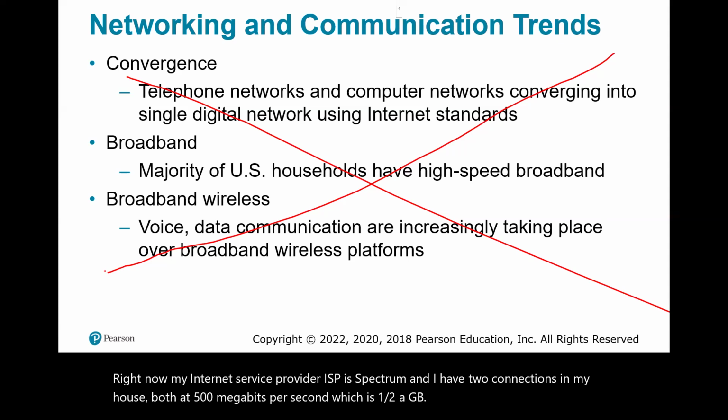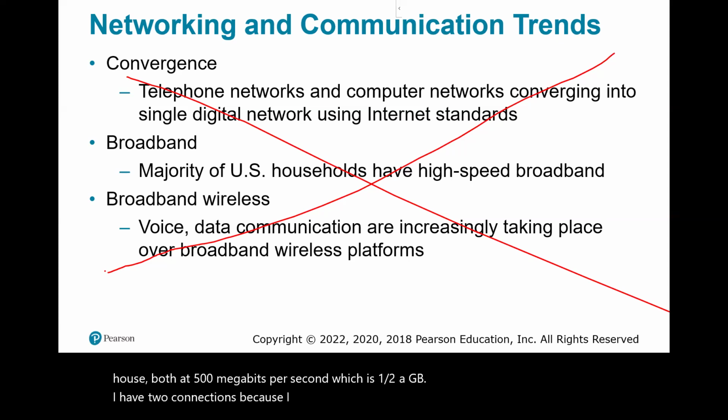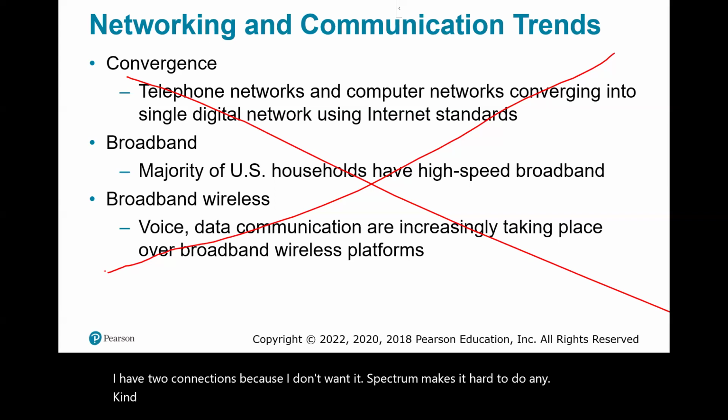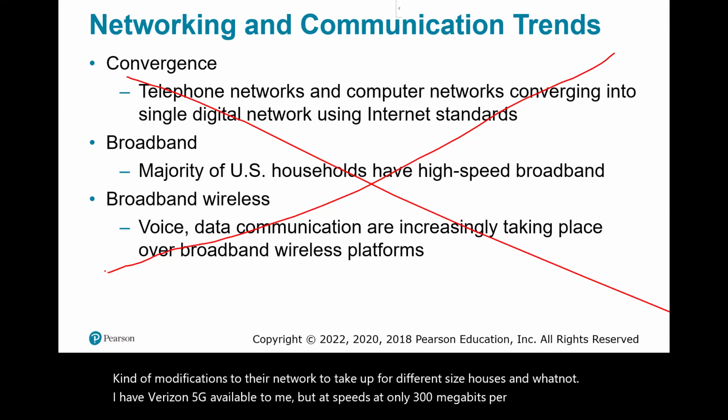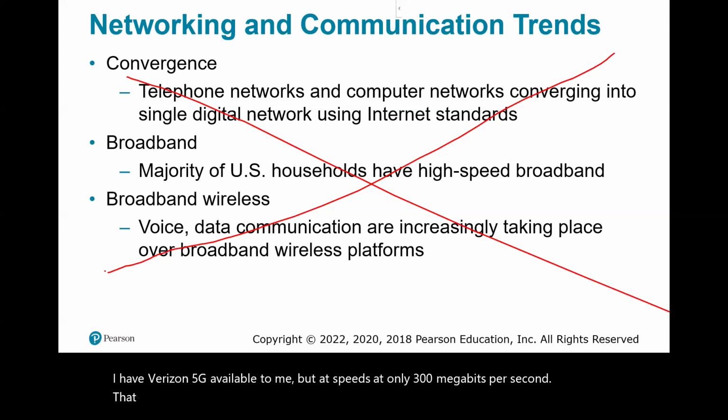I have two connections because Spectrum makes it hard to do any kind of modifications to their network to account for different size houses and whatnot. I have Verizon 5G available to me, but at speeds of only 300 megabits per second. That speed would greatly affect how I use Zoom, how my son uses his PlayStation, how my wife works from home.